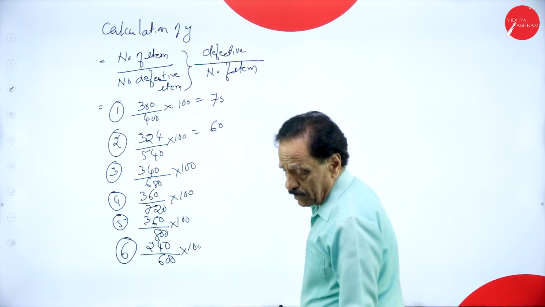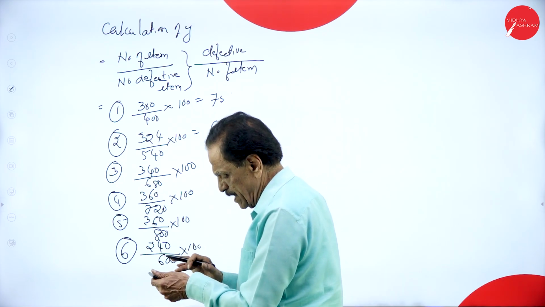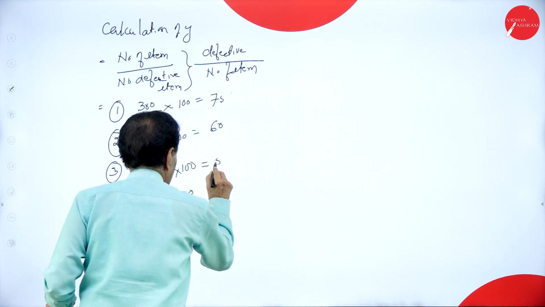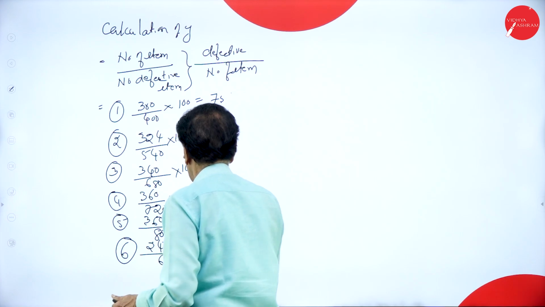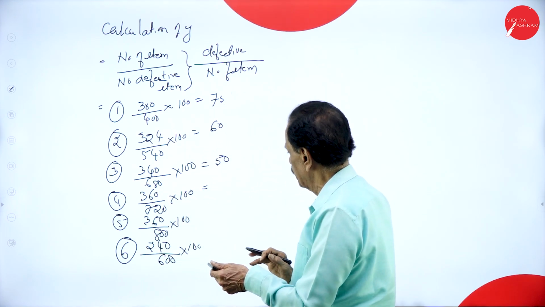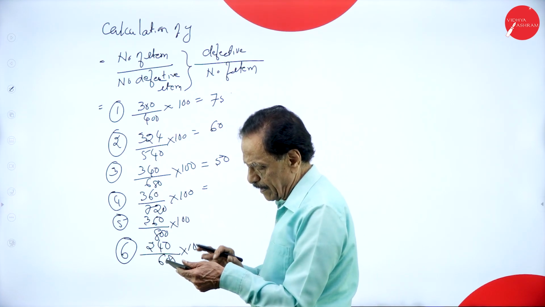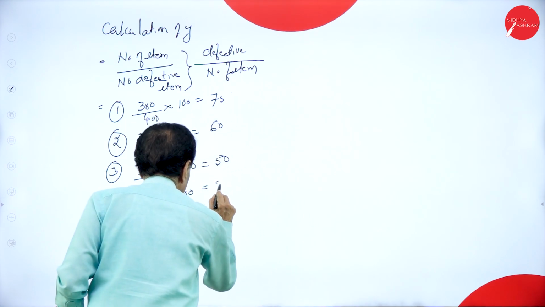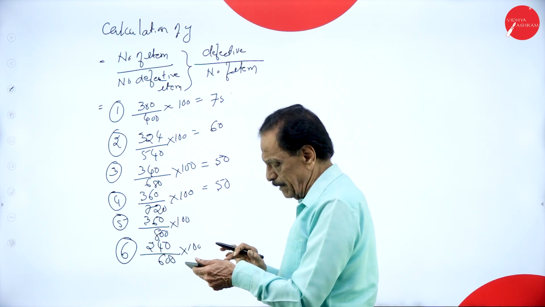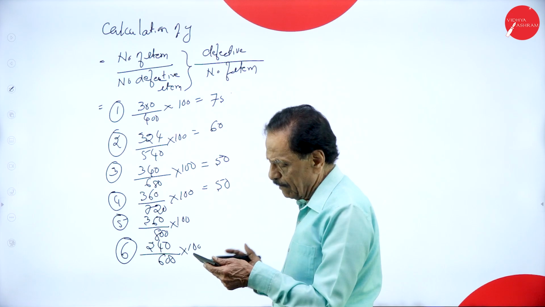Now we'll calculate. 340 divided by 680 into 100 is 50. Next one, 360 divided by 720 into 100 is 50. Then 360 divided by 800 into 100 is 45.